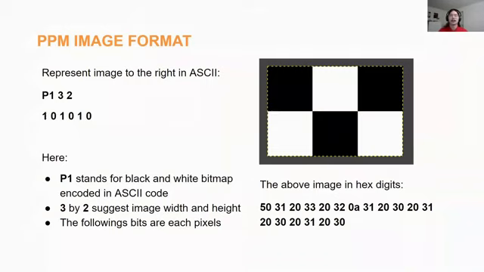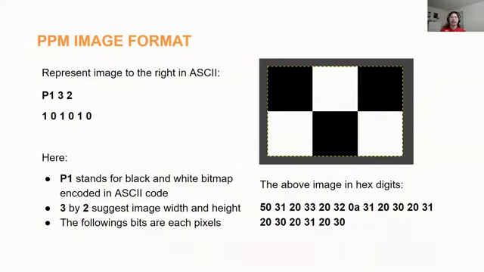You can represent the image to the right in ASCII code, which says P1 space 3 space 2, new line, 1 space 0, and alternating 1s and 0s. If you have a closer look at it, P1 stands for the black and white bitmap encoded in ASCII mode, and 3, 2 suggests the image width and height.